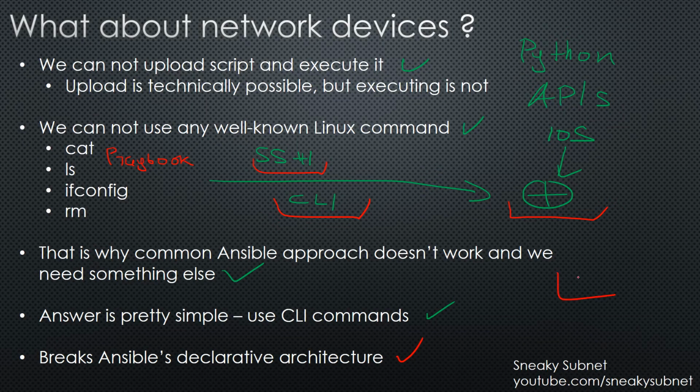So, if we have a Linux VM and we have our Ansible control machine and we want to install Apache, we will put something like this. Just install Apache. We will not give Ansible details. We will not put yum install Apache or apt-get install Apache.